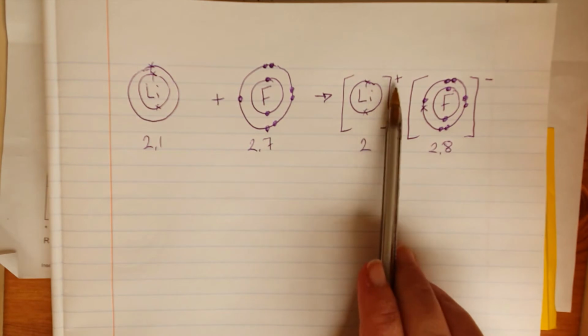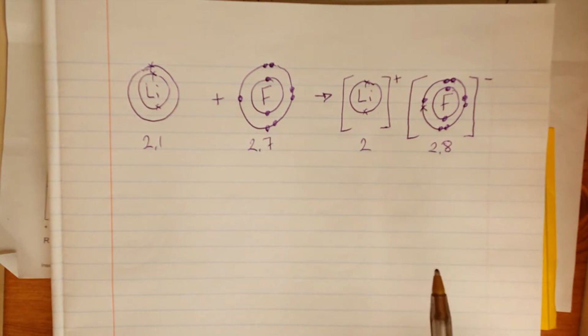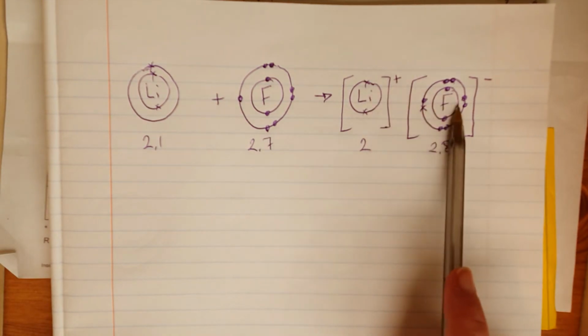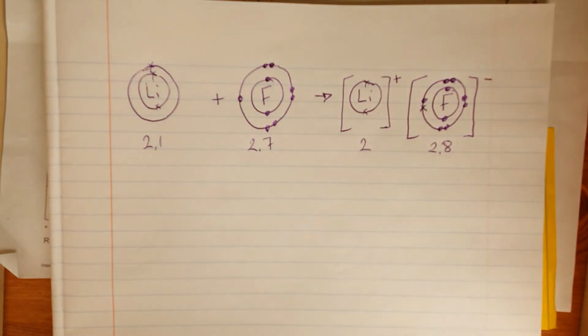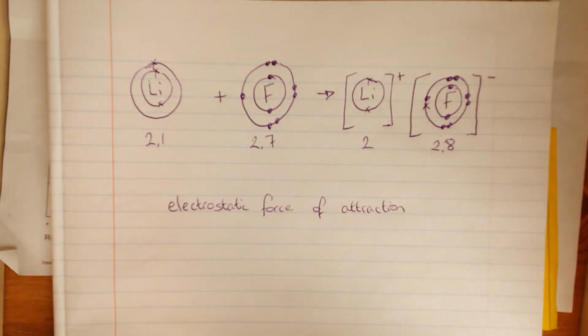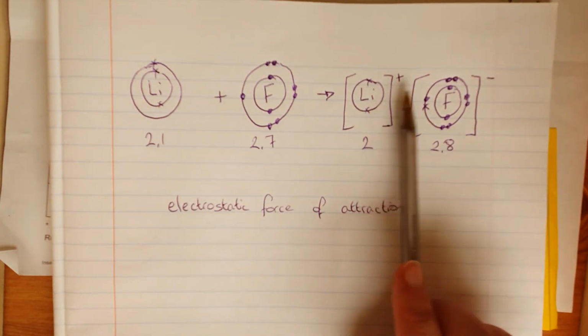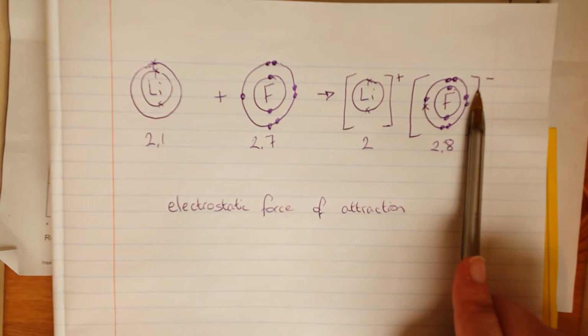You'll notice we have a positive, we have a negative, and an ionic bond, it's a bit like magnets. So the positive attracts the negative, and that's what holds it in place. So that positive and negative holding it in place, we call that the electrostatic force of attraction. And as I said, it's just like magnets. The positive end of a magnet attracts the negative end of a magnet.